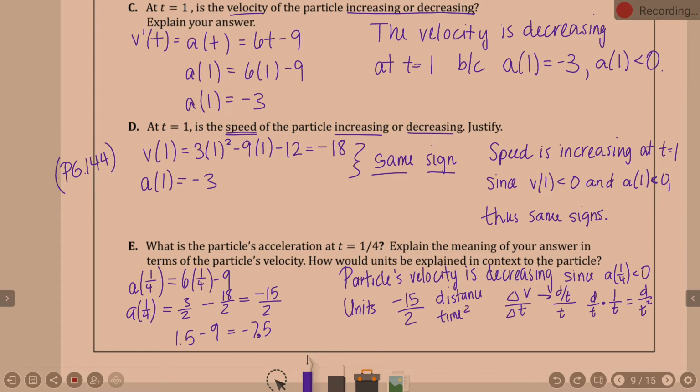Difference there. So when we talk about how the units would be explained in context of the particle, it's a distance of negative 15 per, 2, whatever our time units are there. Okay, so just a little bit about why our acceleration is the unit per time squared. Okay?